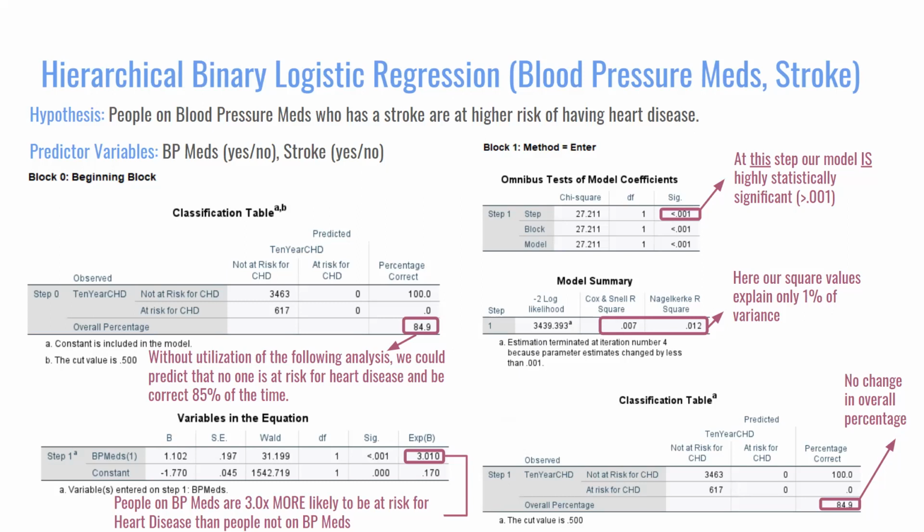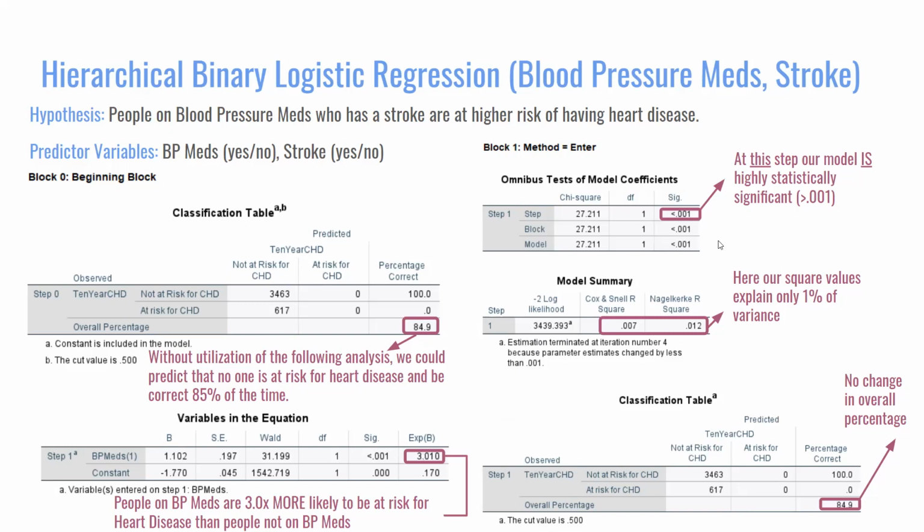And the predictor variables were taking a BP med or not taking a BP med, and stroke, had or not had, that is yes or no. And the beginning block is the same for all of our binary logistic regression, because we used 10-year CHD, and that is 85%.